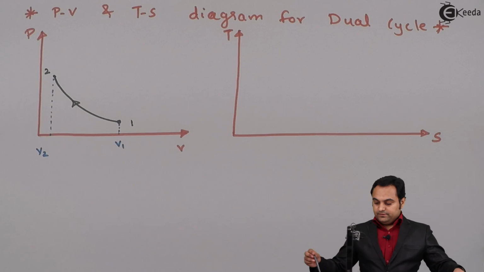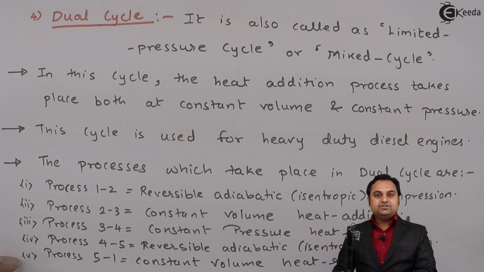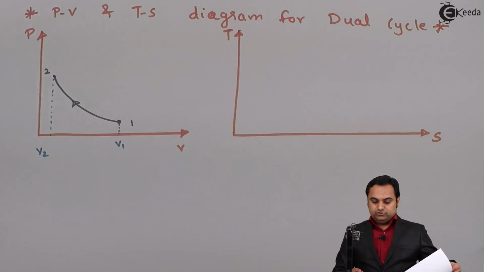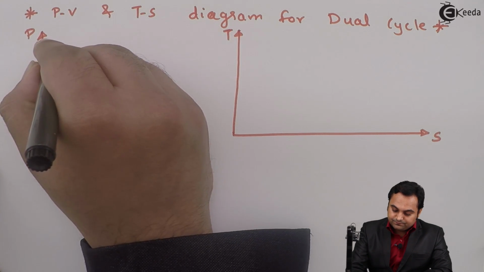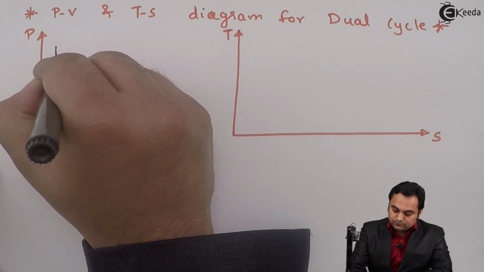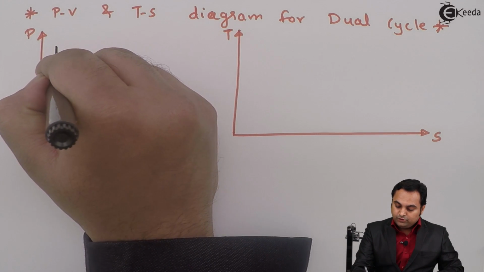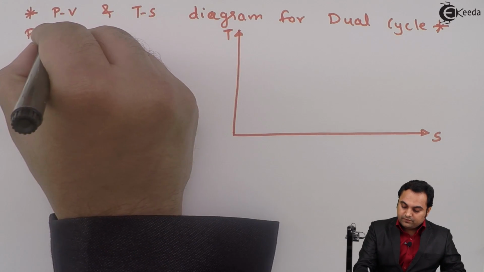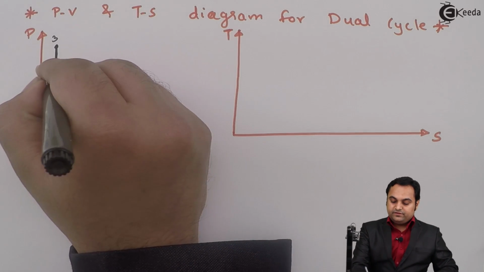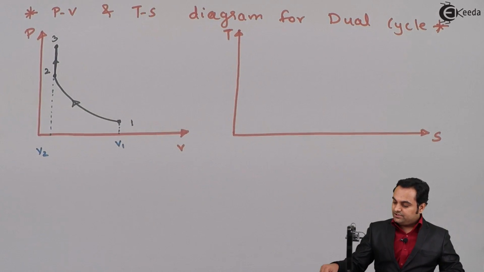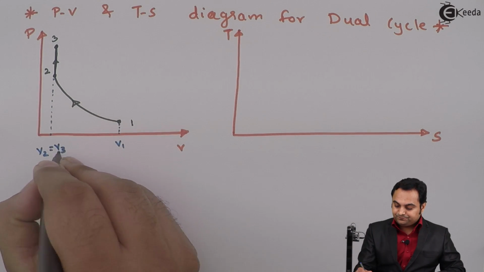Next, the second process is constant volume heat addition, process 2 to 3. So heat is added at constant volume first. Once the heat is added, pressure will go on increasing and volume remains constant. So V2 is equal to V3.